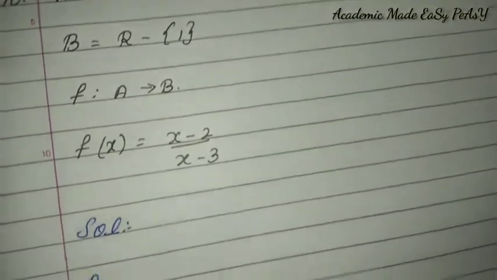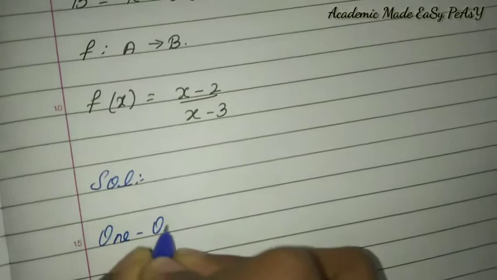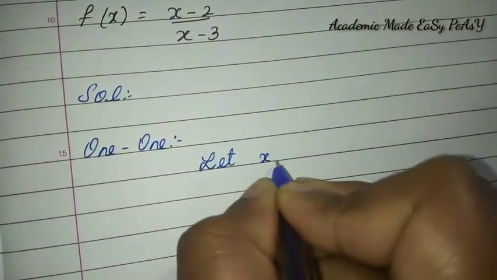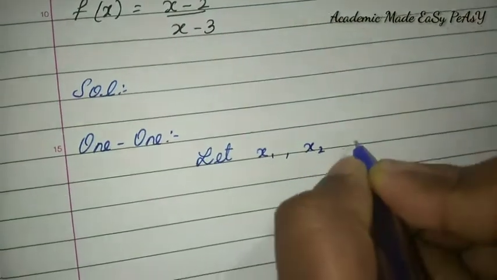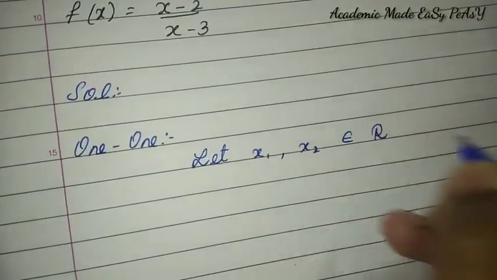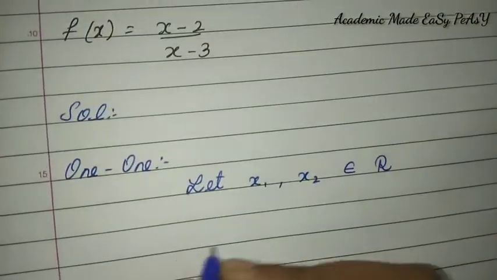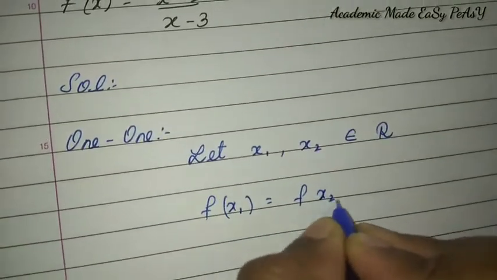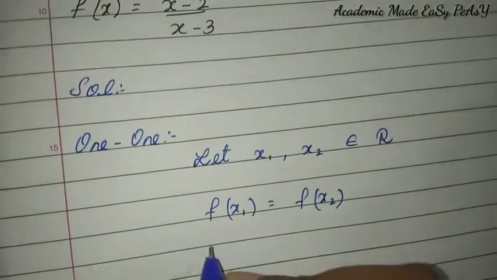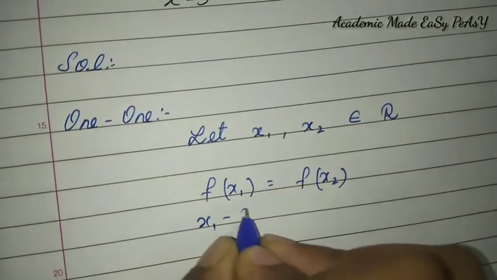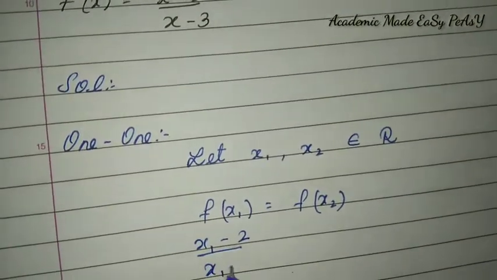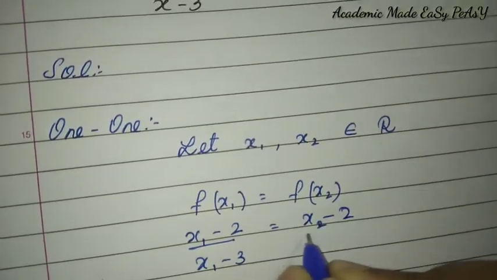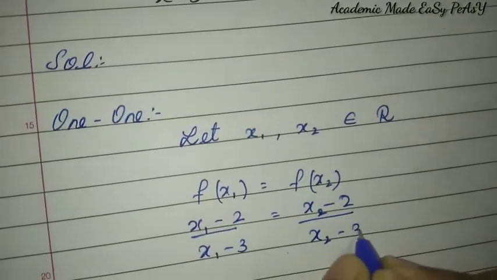Okay, so as usual, 1 to 1. So let x1, x2 belong to R. So f of x1 is equal to f of x2. So therefore, (x1 minus 2) by (x1 minus 3) is equal to (x2 minus 2) by (x2 minus 3).